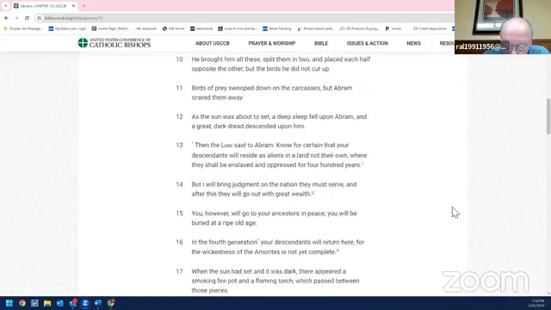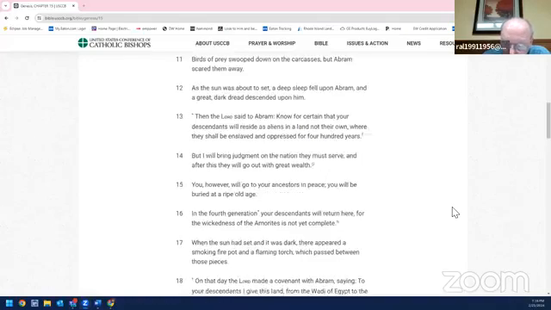But I will bring judgment on the nations they must serve. And after this, they will go out with great wealth. You, however, will go to your ancestors in peace. You will be buried at a ripe old age. In the 4th generation, your descendants will return here, for the wickedness of the Amorites is not yet complete.